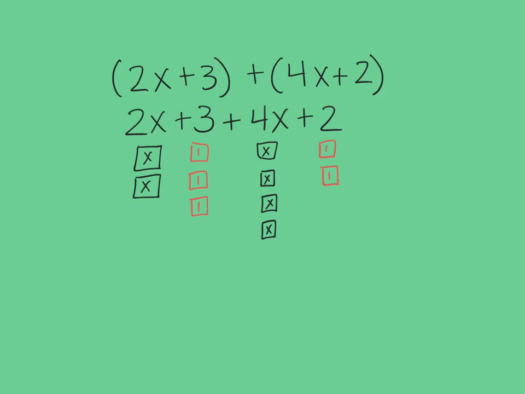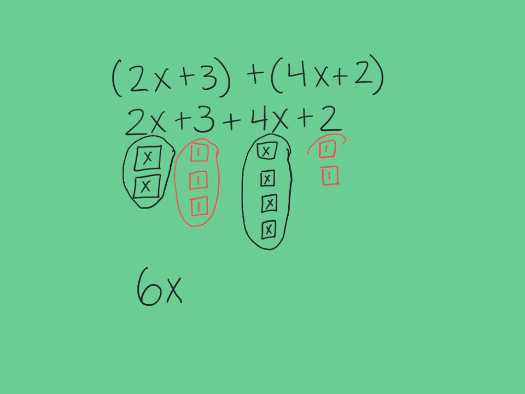So now I've expanded each one of these terms out using tiles, and I'm going to combine the tiles that are in common. So we have 2 tiles here that have a positive x, and 4 tiles that also have a positive x. So I can see that all together here I have 6 positive x's, and then we have 3 ones that are positive and 2 ones that are positive for a total of 5 positive ones, or just a plus 5.